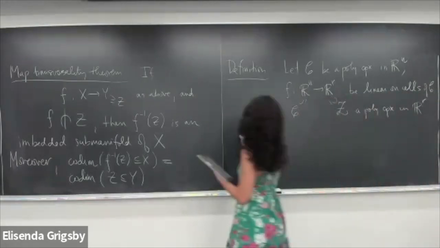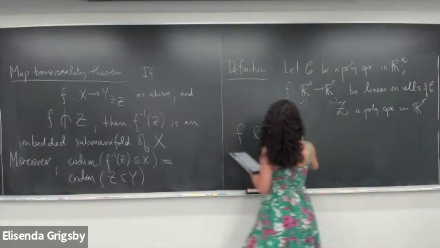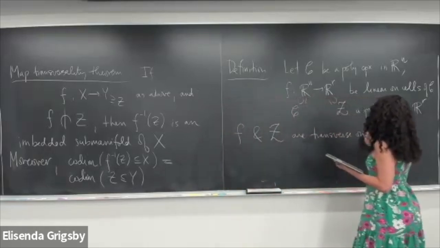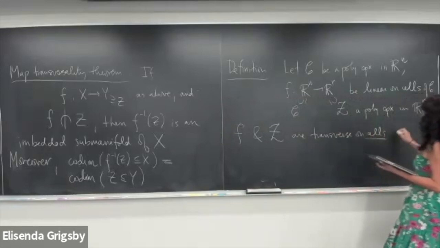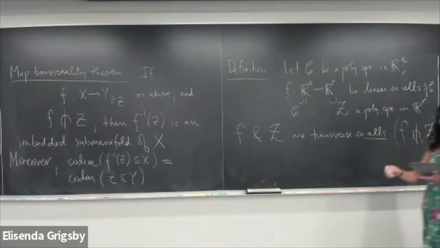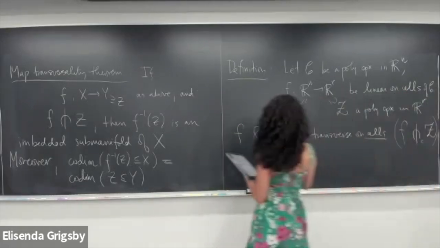So we write F pitchfork Z. The restriction of F to the interior of every cell of C is transverse to the interior of every cell of Z, in the previous sense.